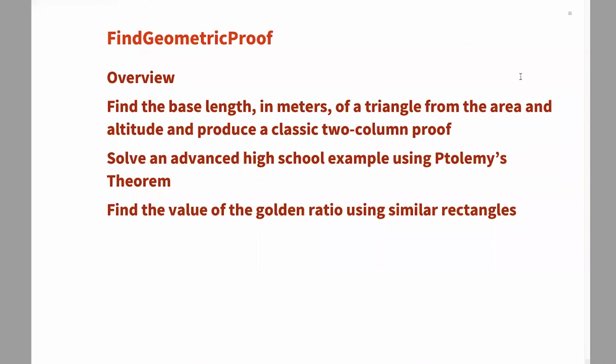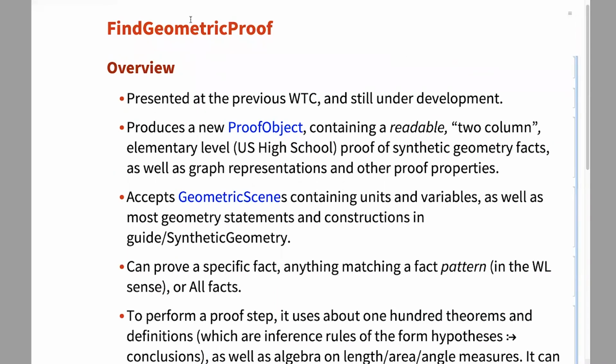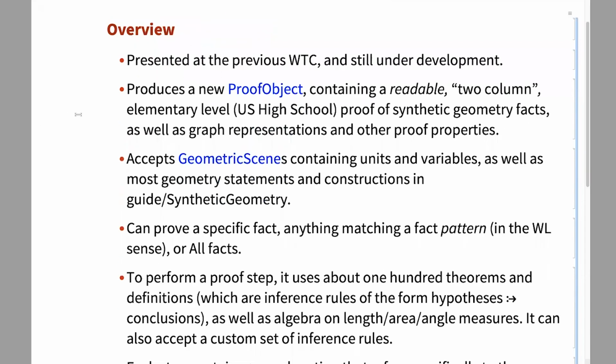Okay, so next, I'm going to talk about FindGeometricProof. This is the work of my colleague, Peter Brinzi, who could not be here. Basically, this is an automated synthetic geometry prover that will soon be available as a resource function.